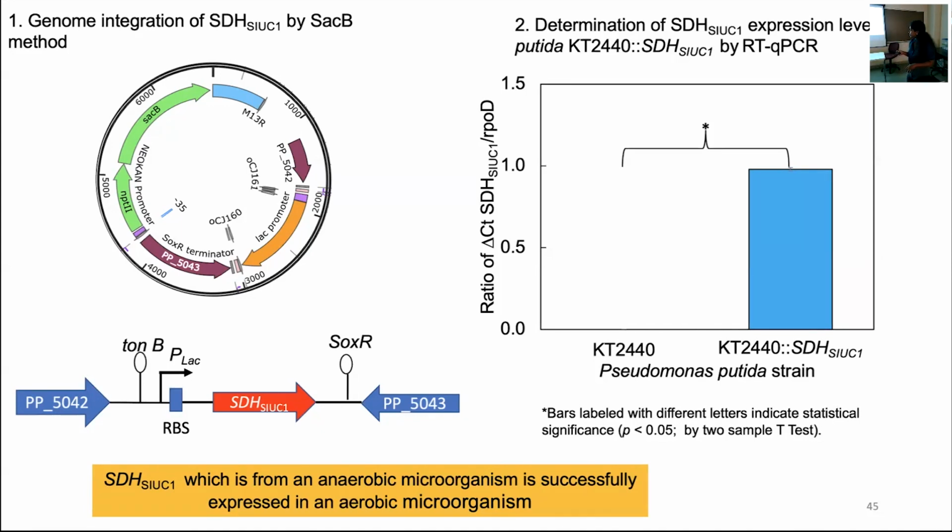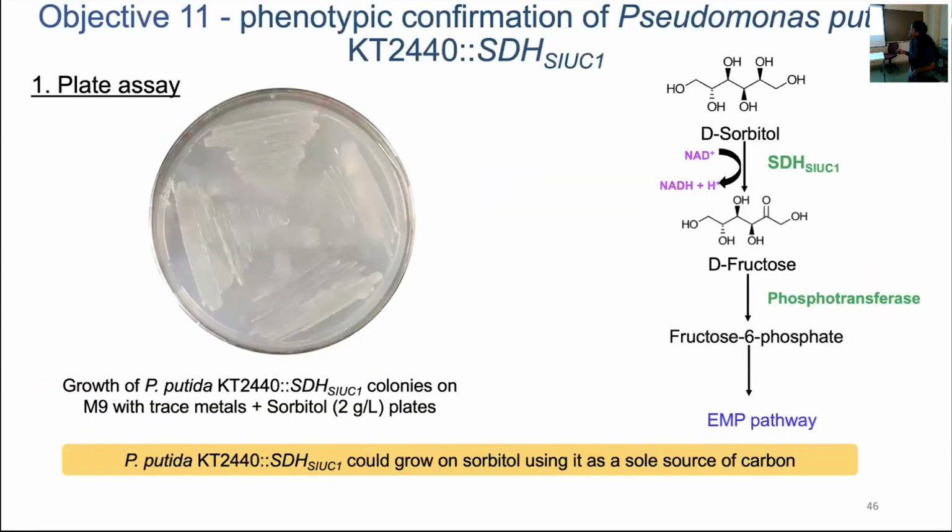And after the genome integration, we decided to do an RT-PCR analysis to check whether we could detect mRNA expression in this strain. According to the RT-PCR analysis, we could see that this gene is expressed in Pseudomonas putida KT2440. After that, we needed to confirm the phenotype of this organism.